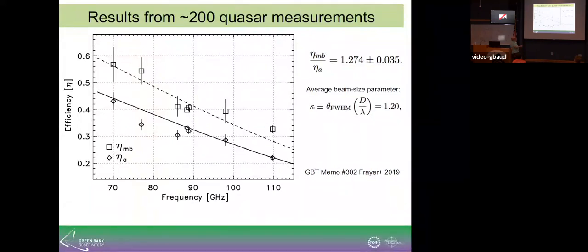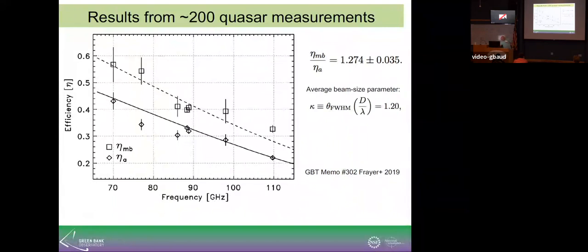By measuring a whole bunch of quasars, a few years ago, we measured the aperture efficiency as a function of frequency, and also the beam efficiency based on the size of the beam. We found the ratio between eta main beam and eta L corresponds to a beam full width half max of basically 1.2 times lambda over D, which is in line with theoretical expectations.